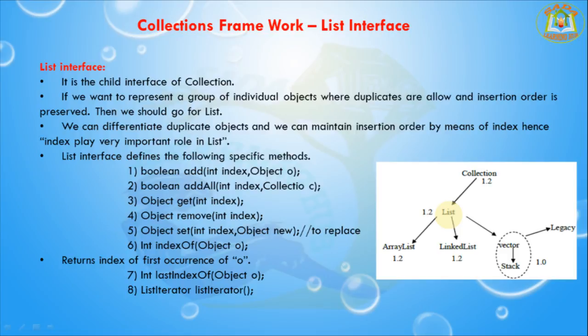If we want to represent a group of individual objects where duplicates are allowed and insertion order is preserved, then we should go for the List. We can store duplicate objects and we can maintain the insertion order by means of index.